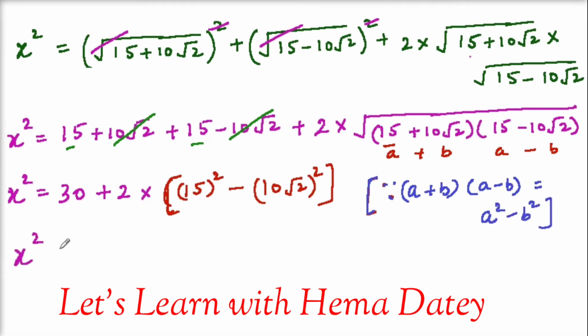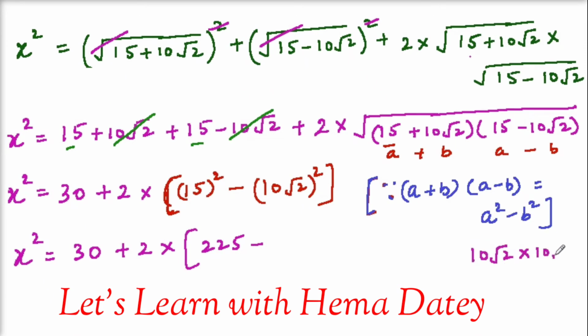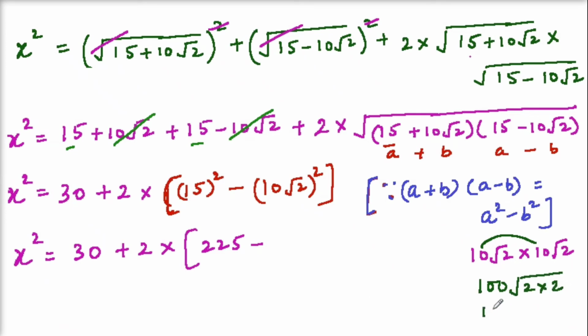Let's continue. X square equals 30 plus 2 times, 15 whole square is 225, minus 10 root 2 whole square, equals 10 root 2 into 10 root 2. 10 into 10 will be 100 and root 2 into root 2 will be root 4, that is equal to 2.